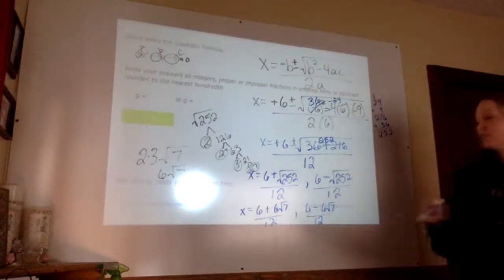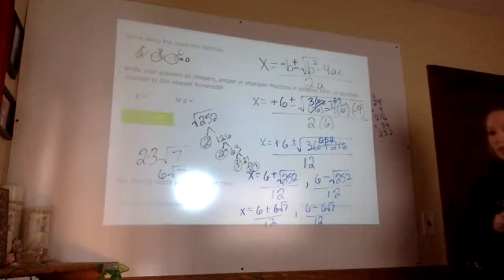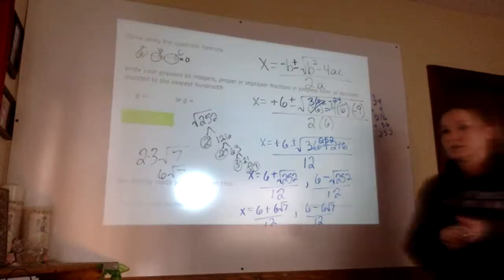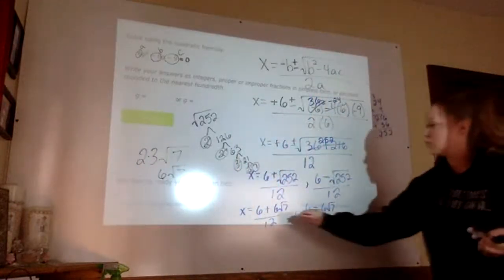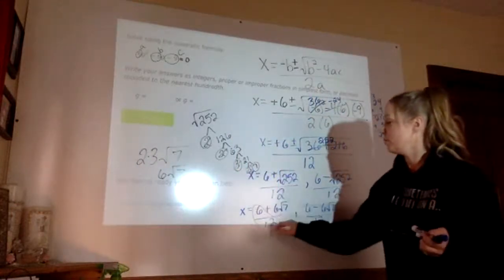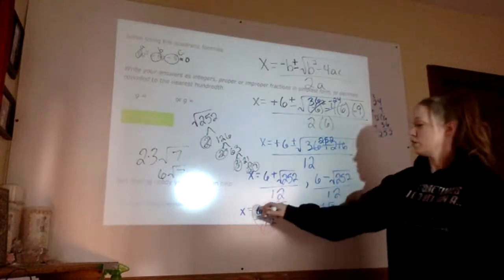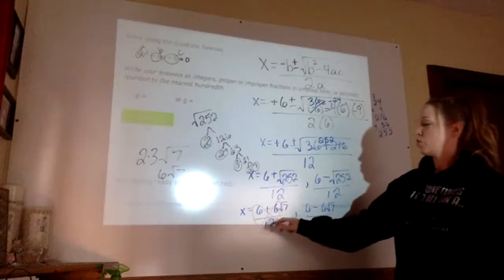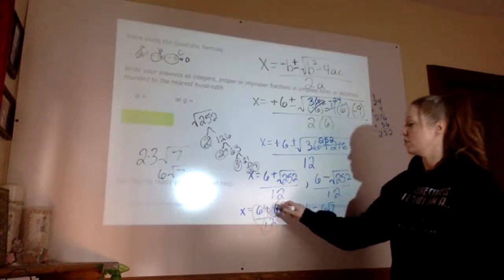And you can actually even simplify this even more. And the way you would do that is you would split this division up. Since the 6 and 12, they all have a 6 in common, you could divide them all by 6.